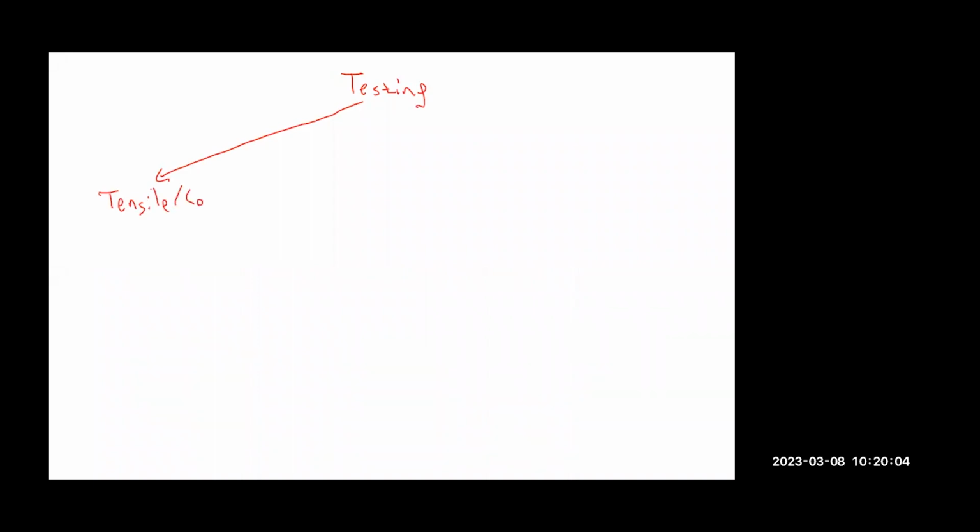Or if you pull the material, elongate the material, decrease the cross-sectional area. So this is the instantaneous area. This is area 0. This is initial length.